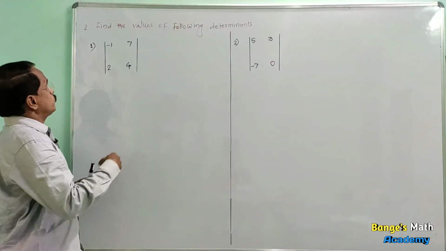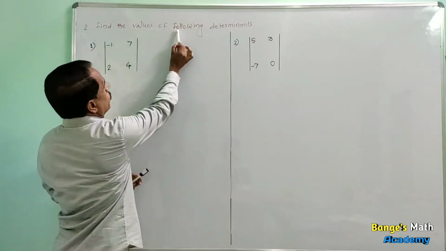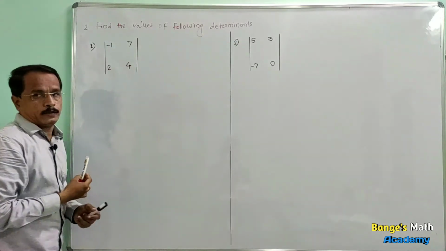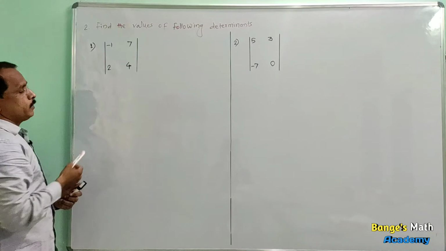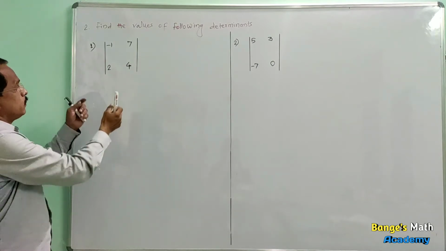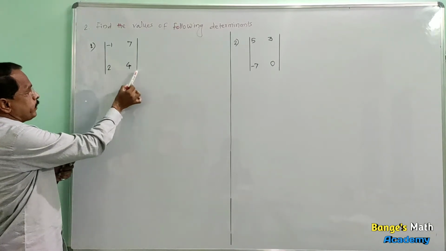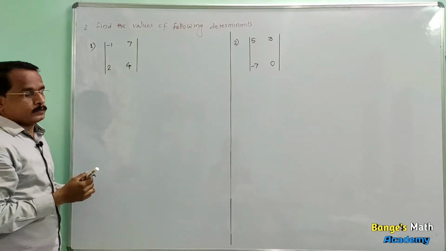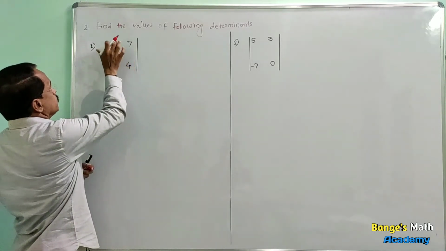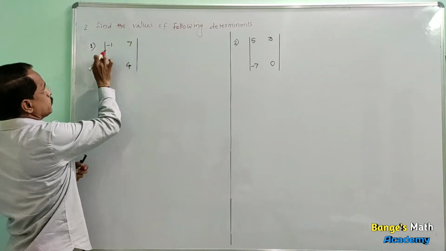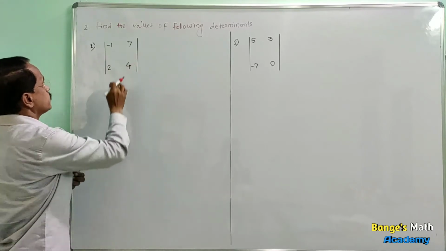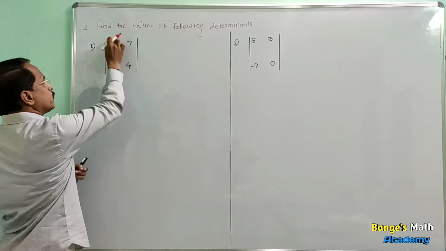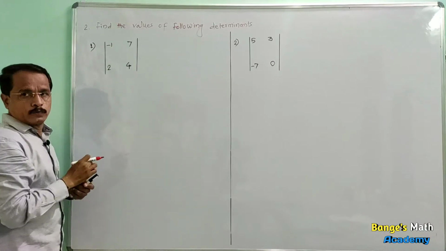See the second question. Find the value of the following determinants. First example: we have to find the value of this determinant. These are two vertical line segments, two rows and two columns.